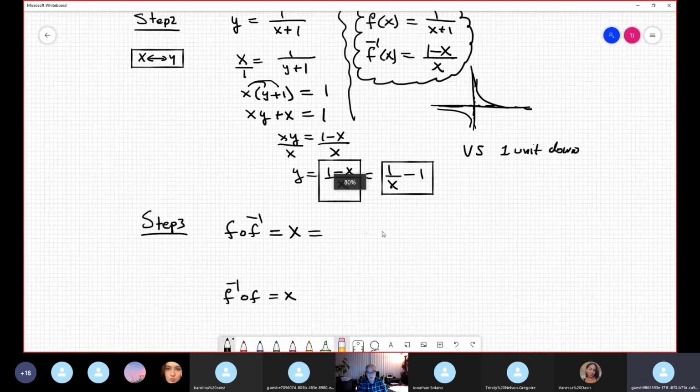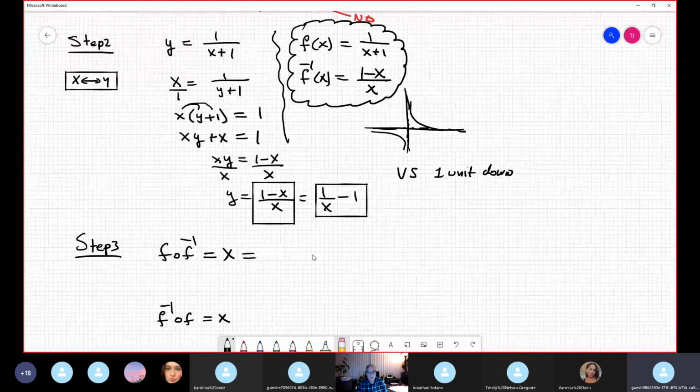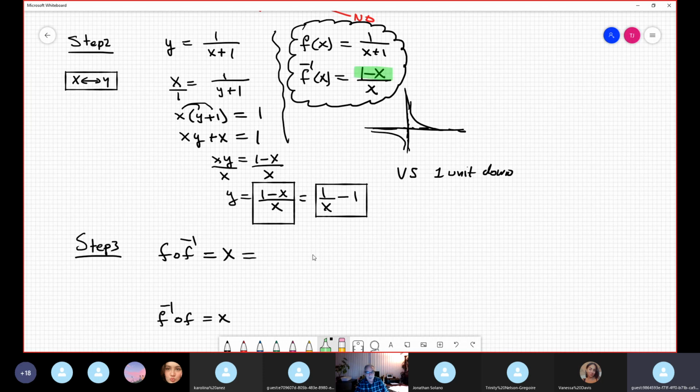In this order, the inverse is this guy. I substitute it here, completed. Entonces we have 1 over, no x anymore, it's (1 minus x) divided by x, plus 1.